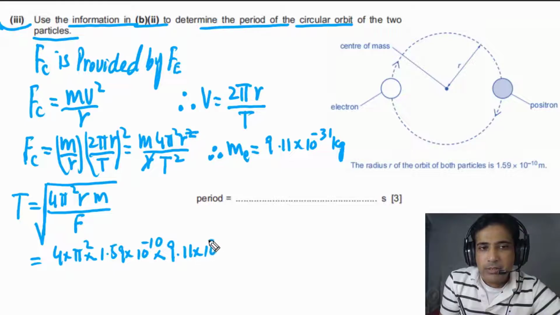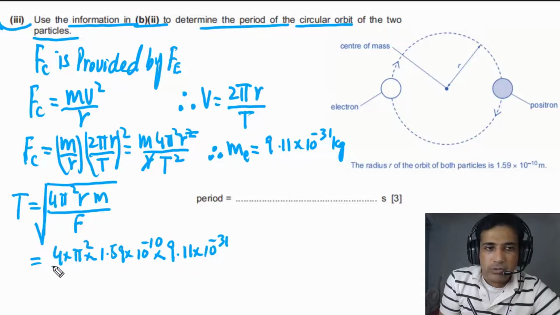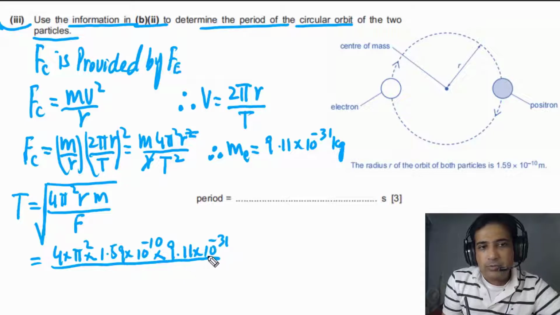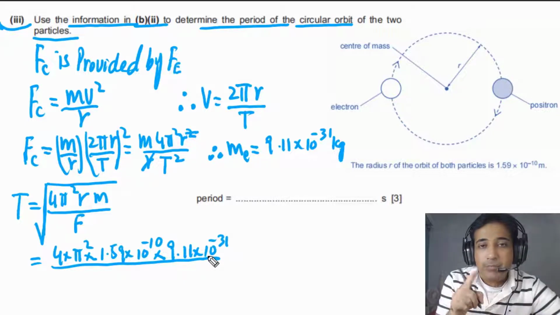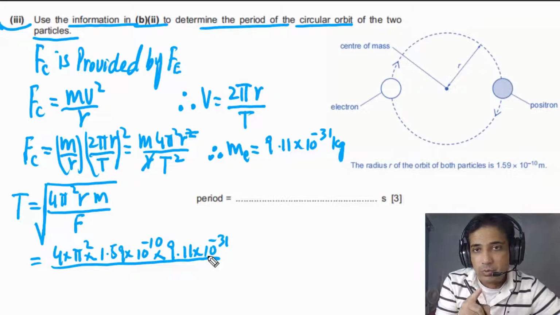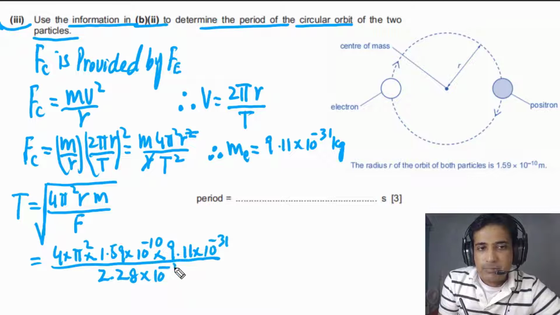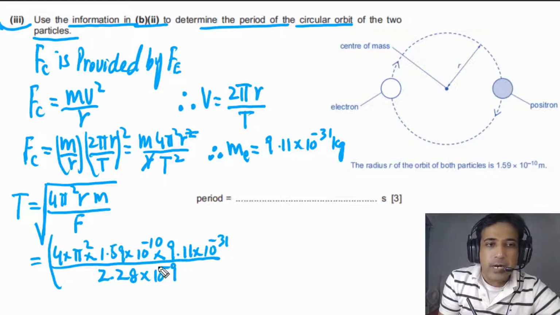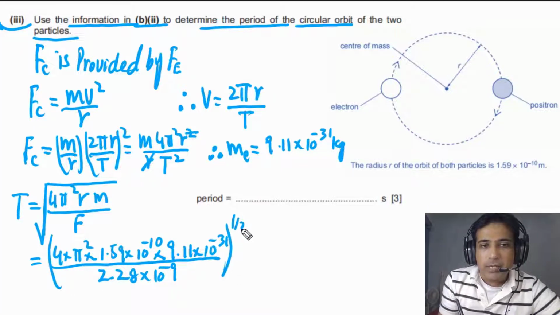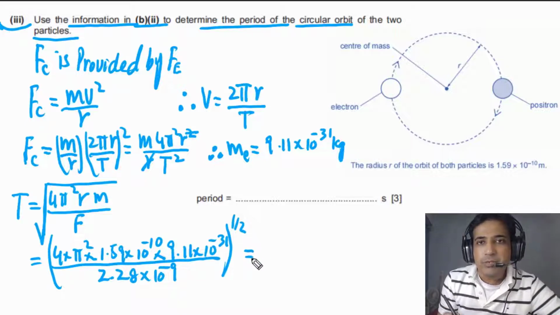And we need to divide this by the Coulomb force, meaning the electric force between these two charges. The electric force we have already calculated, which was 2.28 times 10 to the minus 9, and the power of this is 1 by 2. If we simply put these numbers into the calculator, we can calculate the value of the time period.